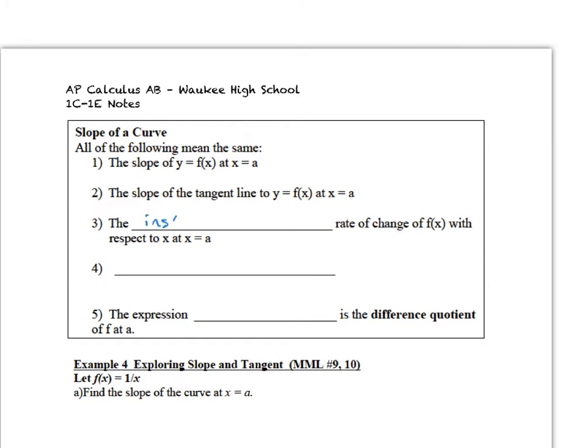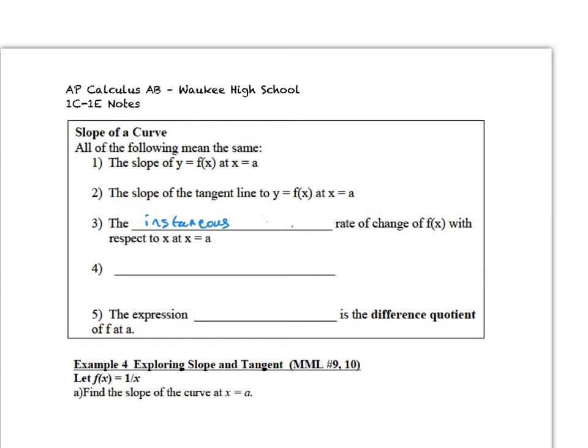The instantaneous rate of change. Perhaps I should not have written in rate of change, a little overzealous there once again. The instantaneous rate of change of f of x with respect to x at x is equal to a.